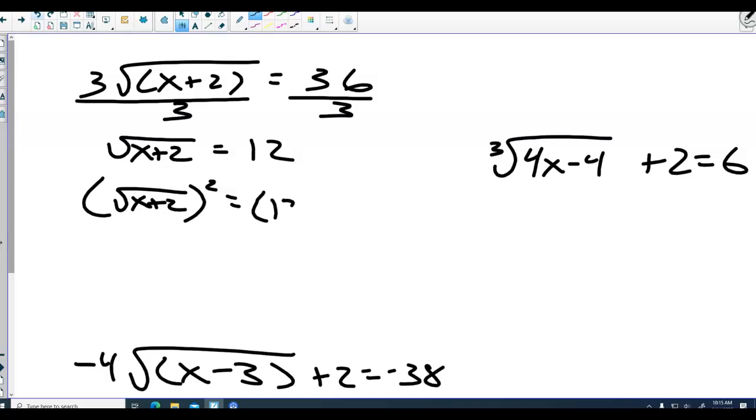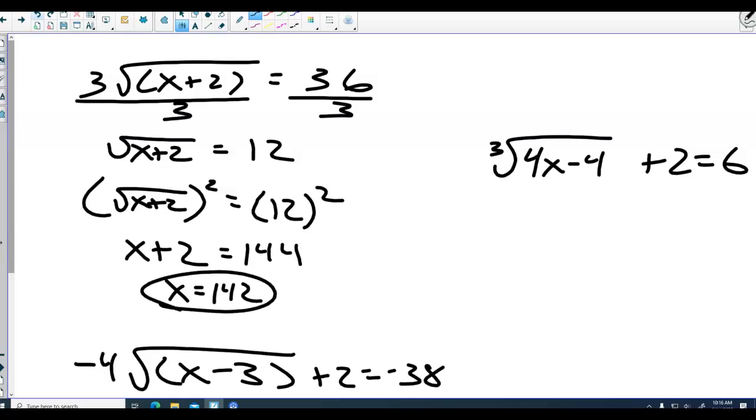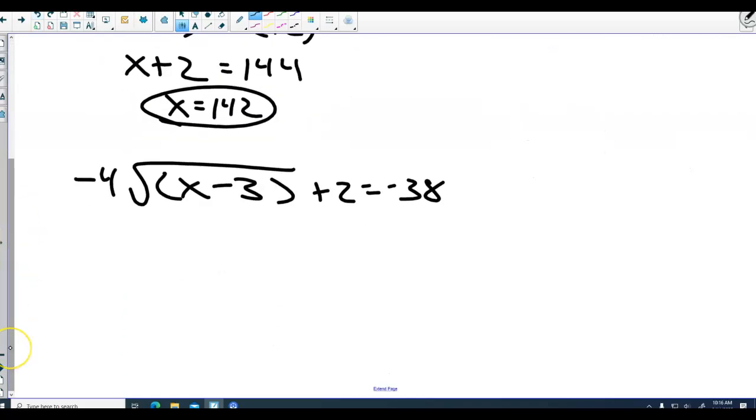And we have to square the other side as well. Remember, it's algebra. Whatever you do to one side, you do to the other. When you square a radical, it disappears if the index matches the exponent. And that's really what we're looking for. I subtract 2 on both sides. 142 is my answer.